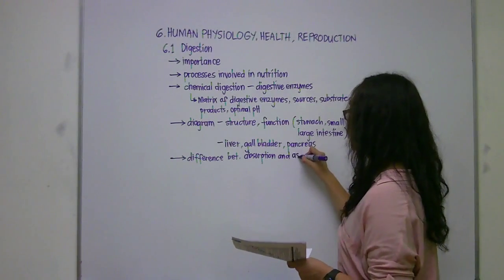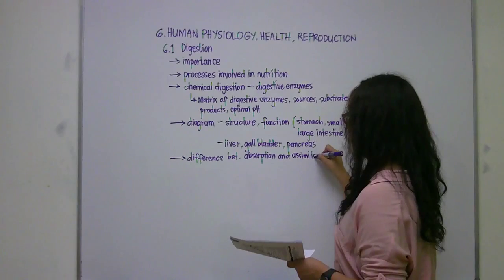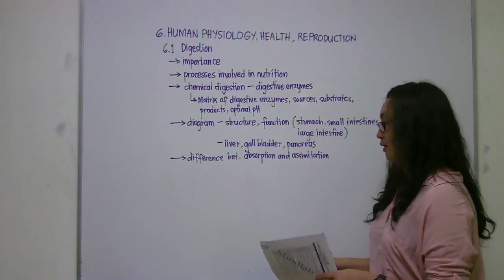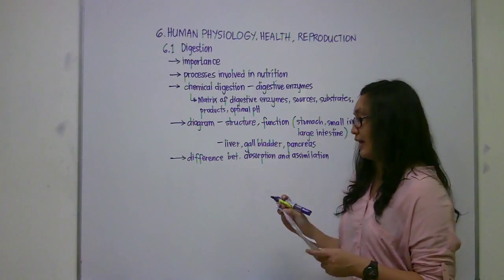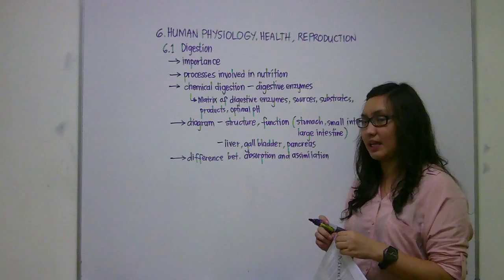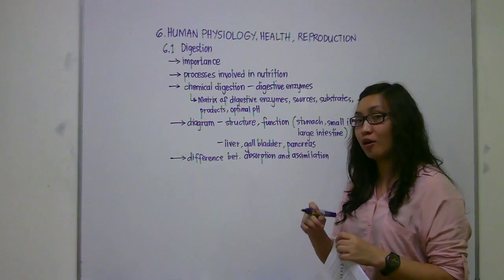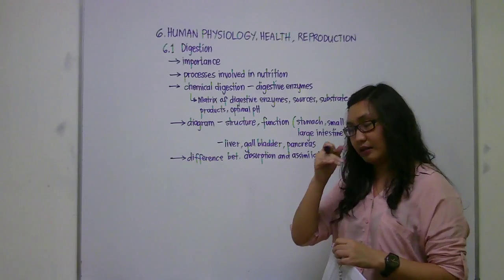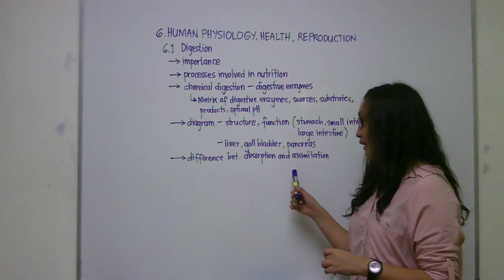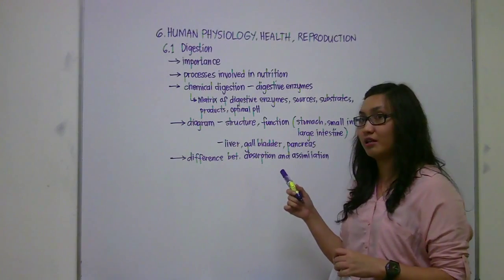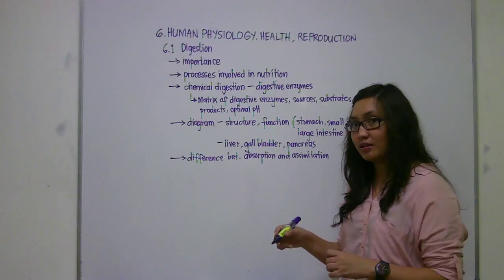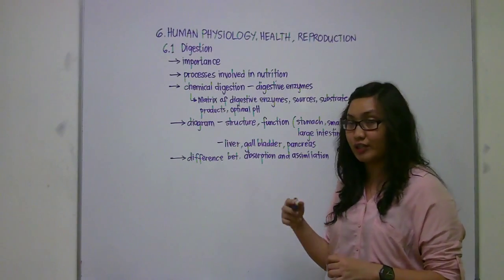Usually, students get confused with these two terms, because they both take in nutrients. Absorption is when nutrients are taken from the small intestines into the blood capillaries, the blood system. Assimilation is when the nutrients have been regulated in the liver and are then present in the blood again for transportation towards the tissues or the cells.